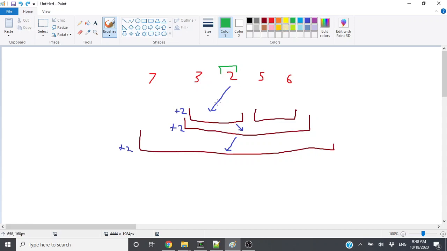This element has the 2 in it, so does this one, so does this one. So this 2 participates in 3 merges, and therefore we get 3 times 2 to the total value. This 3 also participates in 3 merges. This 5 participates in 3, the 6 participates in 3, and the 7 participates in 1. So for this sequence of merges, the sum of these 5 values would be our answer.